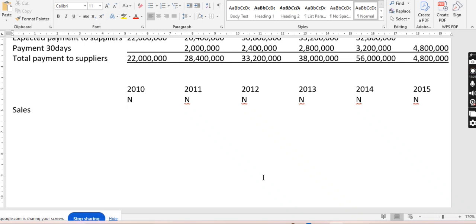For 2010, that's 4,800. Next. For 2011, we have 43,200.